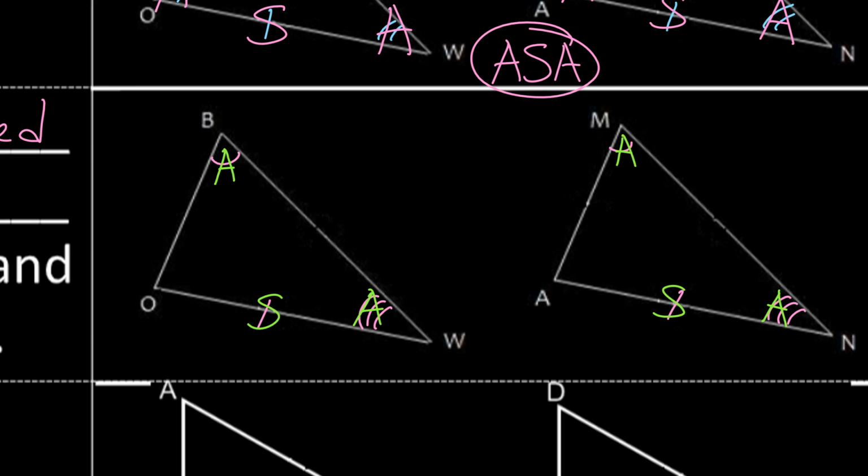Is there ever two spaces between two words in a sentence? No. Here, if I go A, S, A, going from A to S, how many parts am I skipping? A side and an angle. You can't skip two parts. You can skip one, so to go from angle to angle, I'm only skipping one side. So if you try to go A, S, A, it's wrong because you're skipping two parts. You're reading it wrong. This is actually A, A, S. Does that make sense? So it's congruent by AAS.